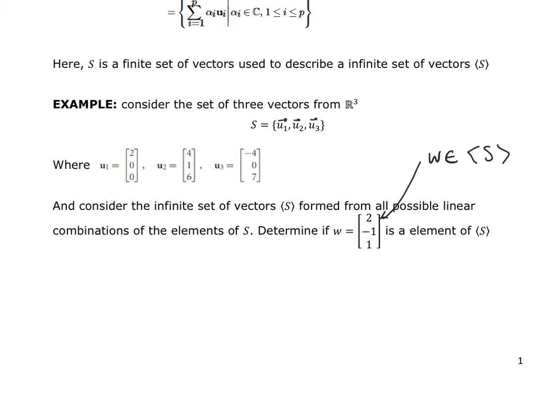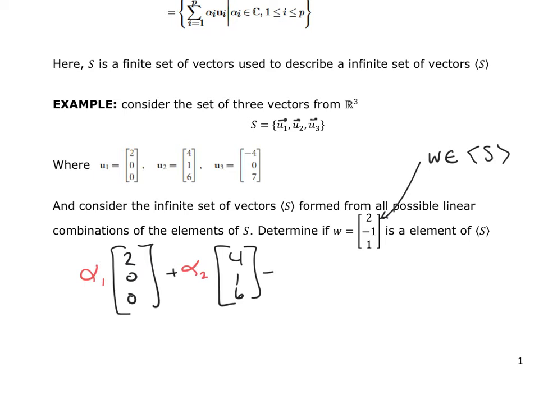The way in which I do that is I look to see if alpha sub 1 multiplied by my first vector, which is 2, 0, 0, plus alpha sub 2 multiplied by my second vector, 4, 1, and 6, plus alpha sub 3, now these are my scalars, multiplied by negative 4, 0, 7, when I do this linear combination, does it equal negative 1 and 1?